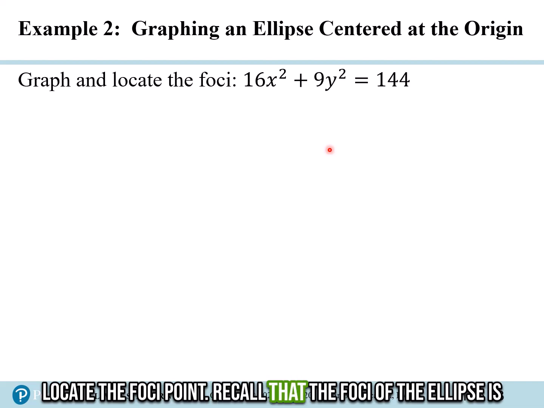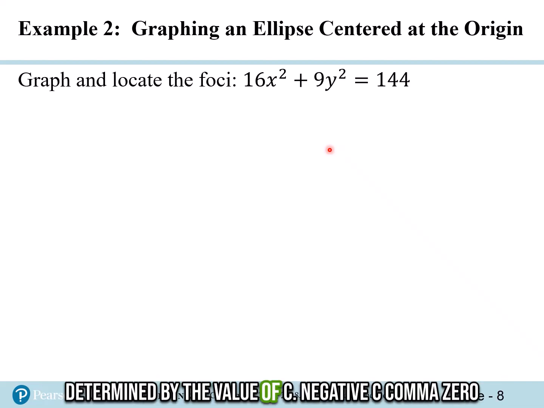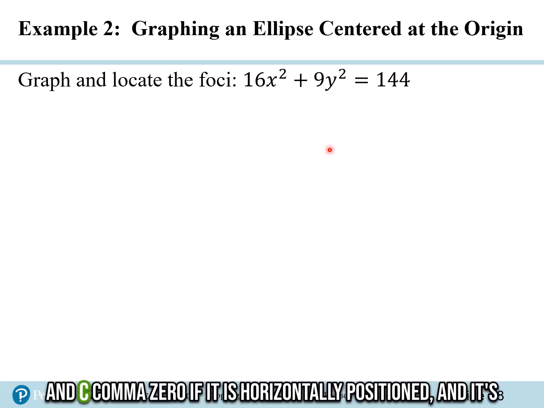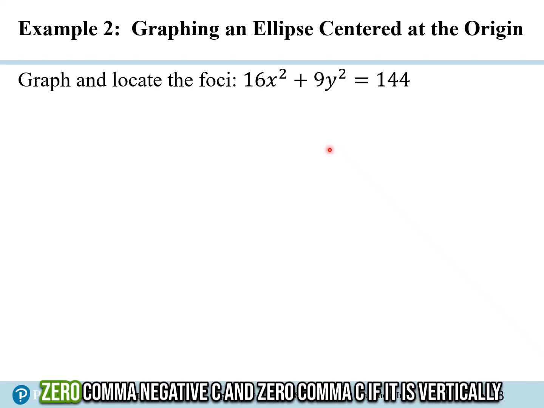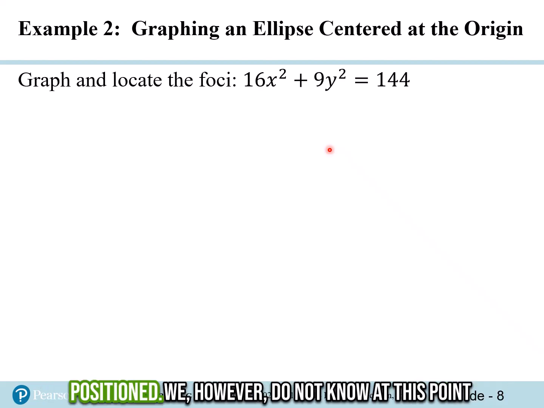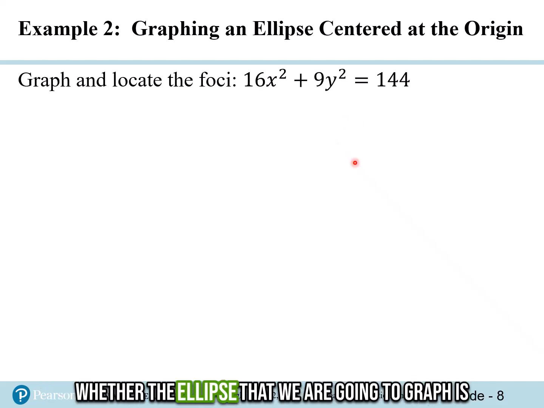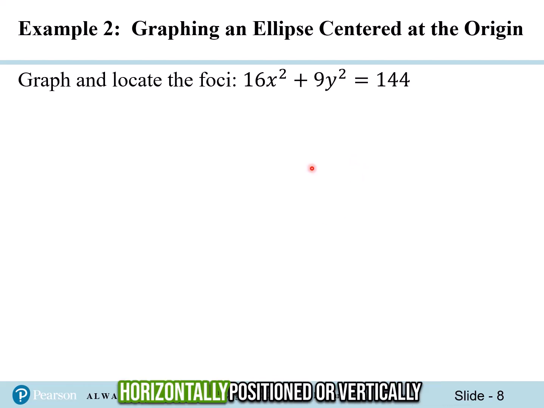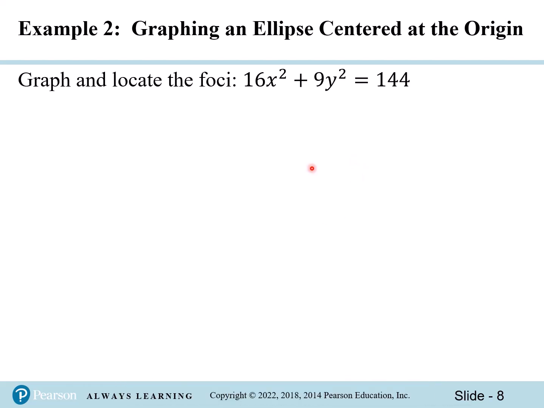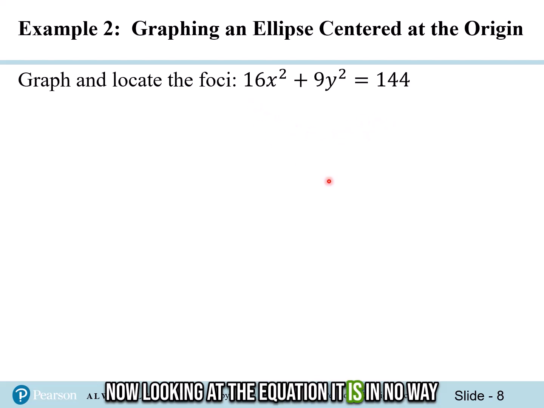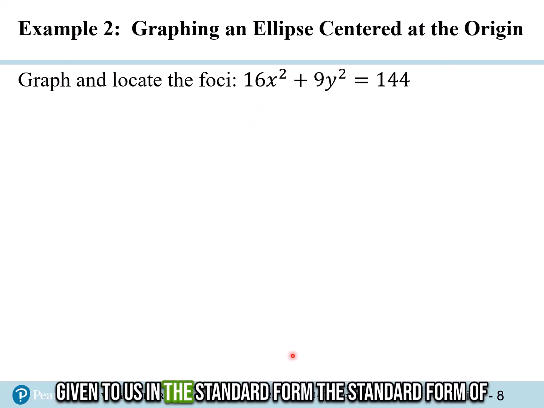Recall that the foci of the ellipse is determined by the value of c: (-c, 0) and (c, 0) if it is horizontally positioned, and it's (0, -c) and (0, c) if it is vertically positioned. We, however, do not know at this point whether the ellipse that we are going to graph is horizontally positioned or vertically. Now, looking at the equation, it is in no way given to us in the standard form.